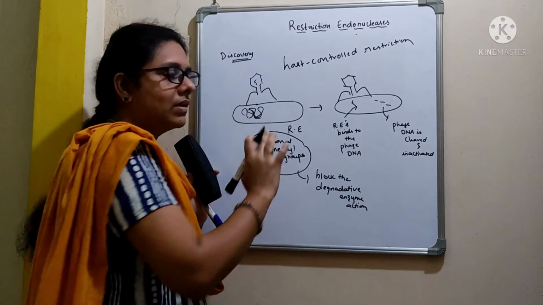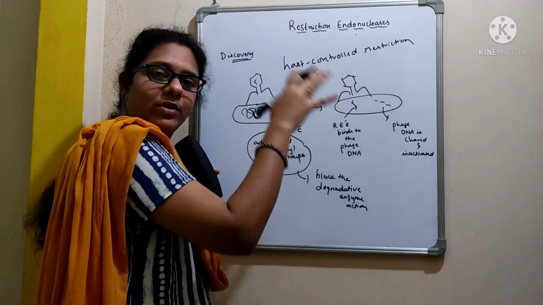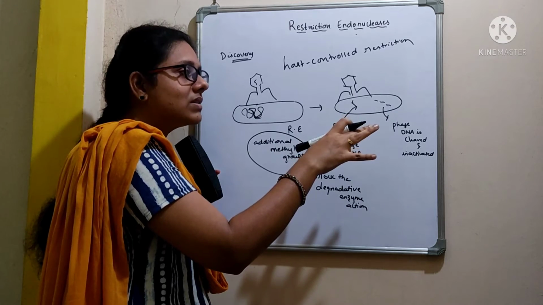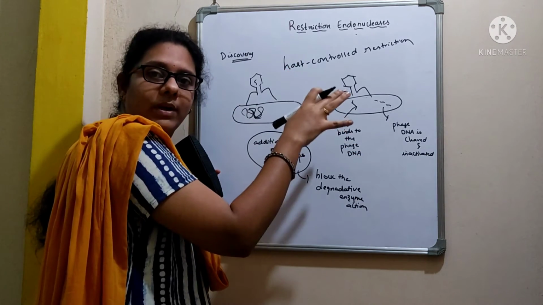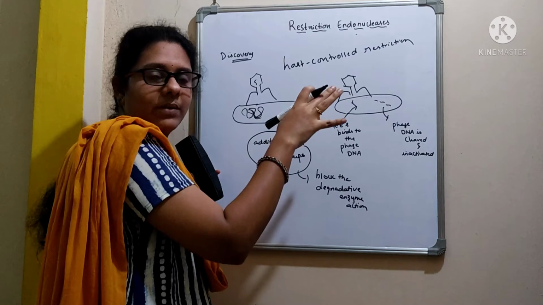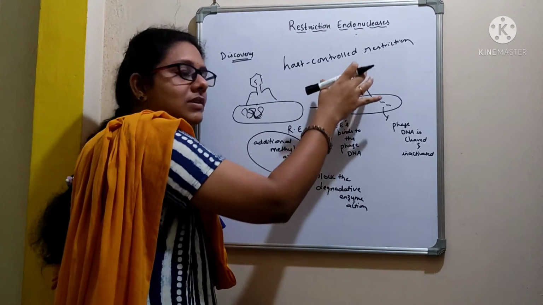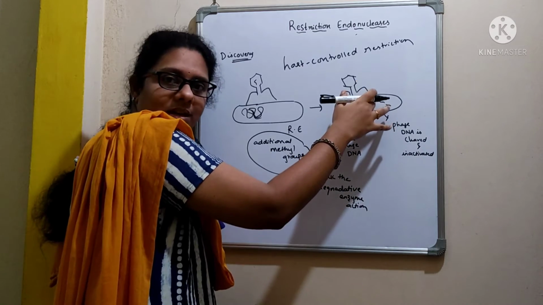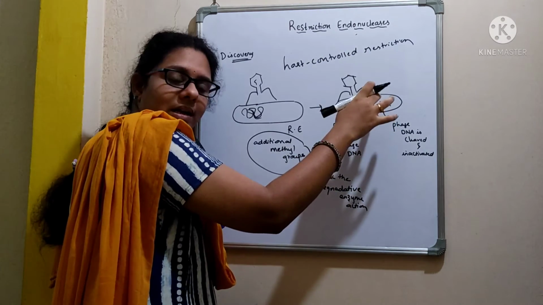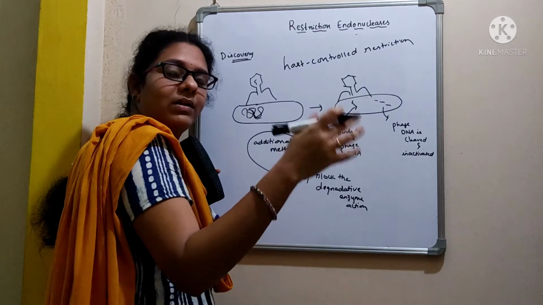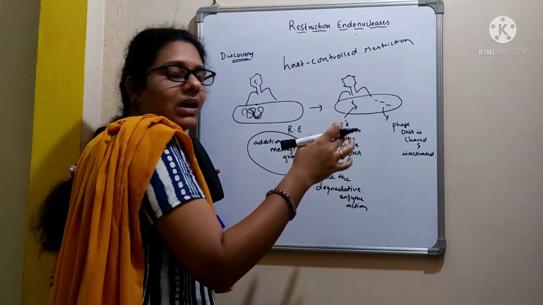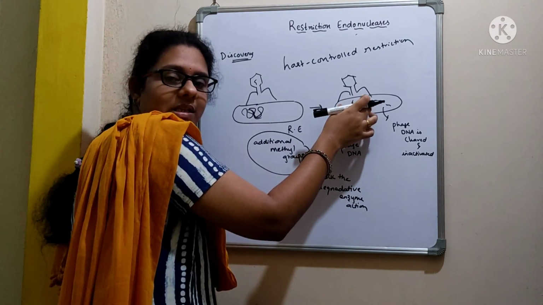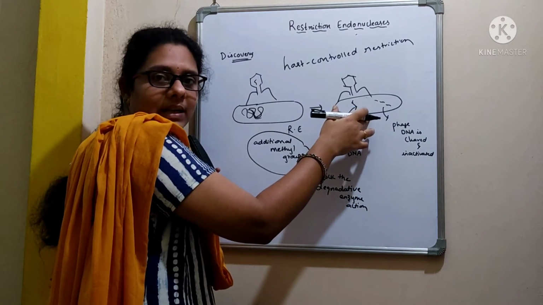Hope you are clear. So these bacterial cells which are producing the restriction endonucleases will exhibit a phenomenon called host controlled restriction. In that case, if a bacteriophage infects the bacterial cell by releasing its genetic material, that entire genetic material will be cleaved into several fragments due to the action of the restriction enzymes produced by the bacteria.